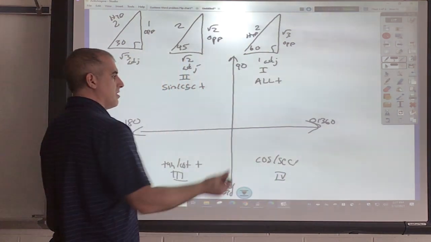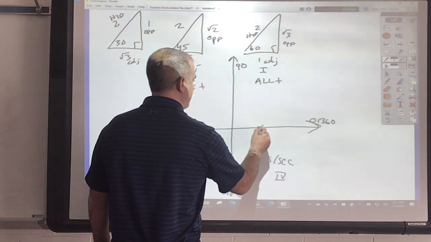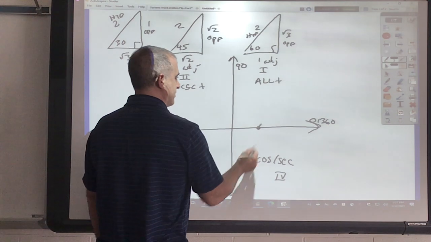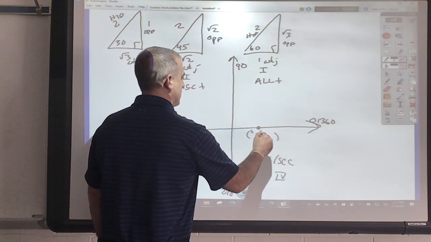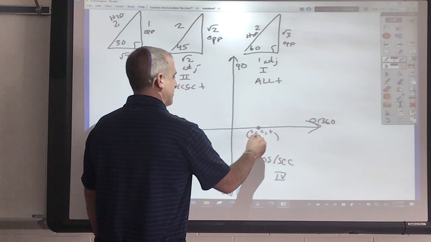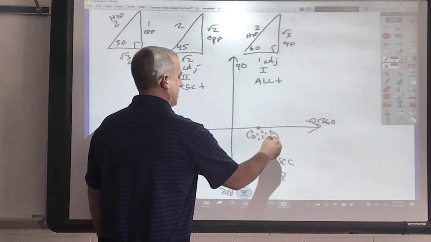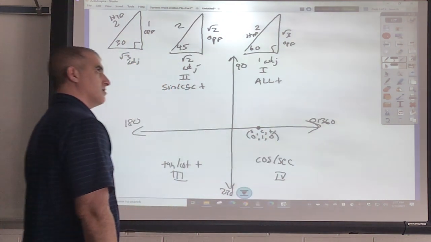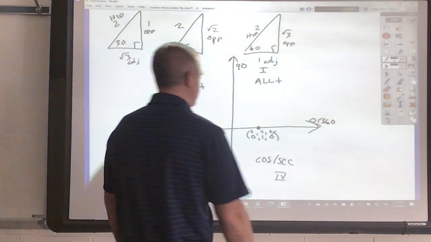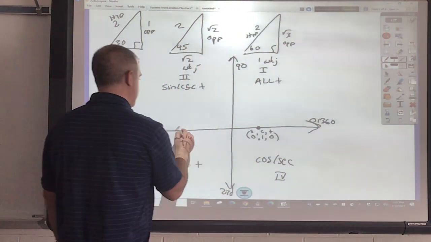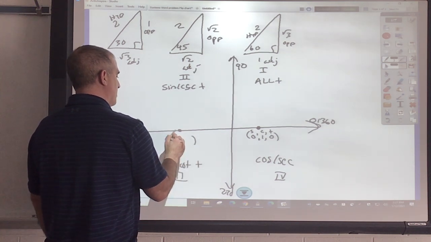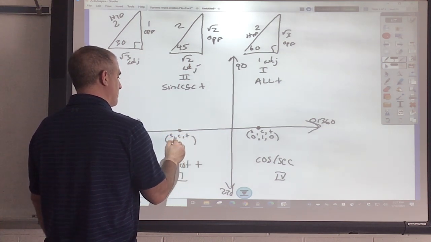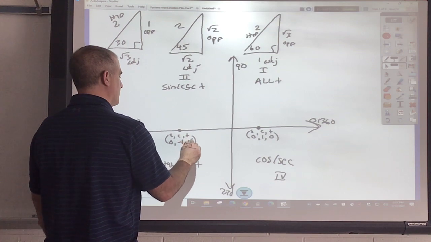Last class we also talked about the values on these points. If we were doing sine, cosine, and tangent, that would be 0, 1, and 0. Flipping over to this side, it would be 0, negative 1, and 0.